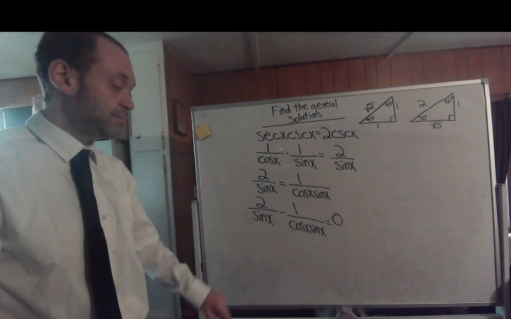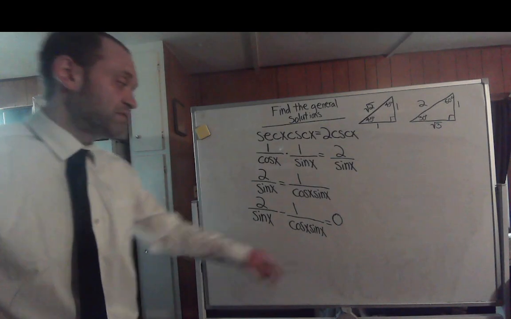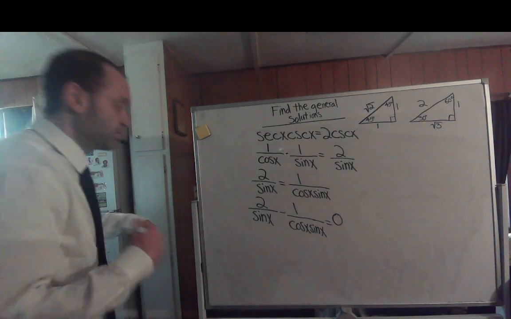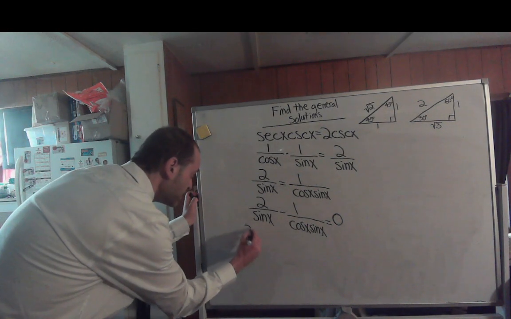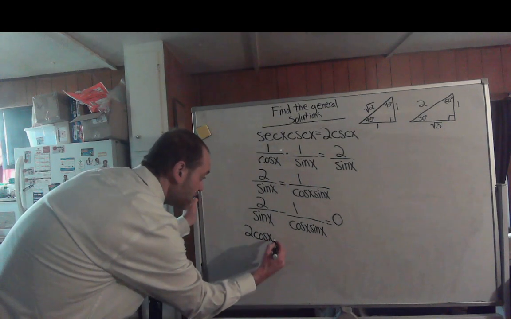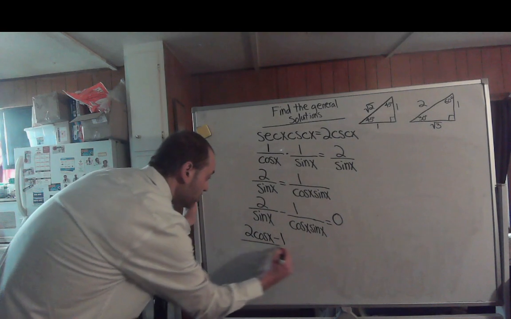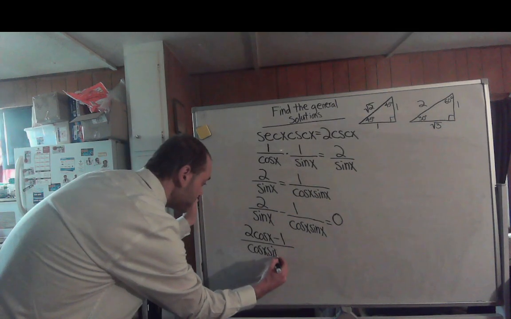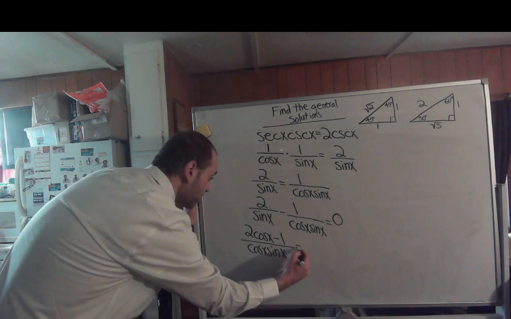The common denominator would be cosine of x sine of x, so all we have to do is multiply the first term by cosine of x. You would end up getting 2 cosine of x minus 1 all over cosine of x sine of x equals 0.